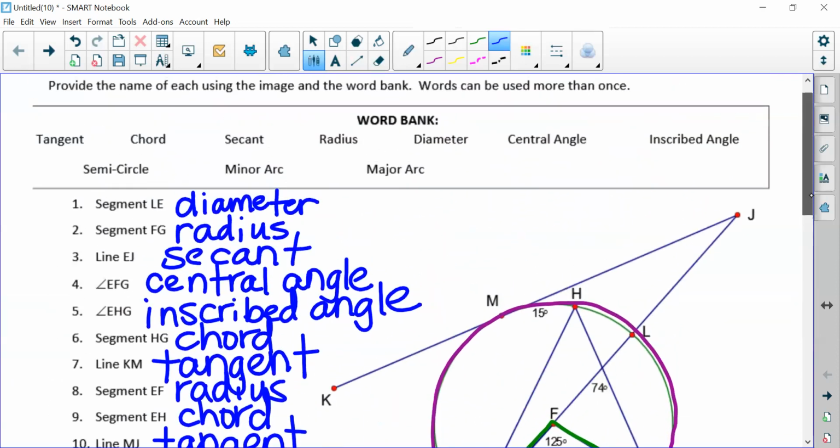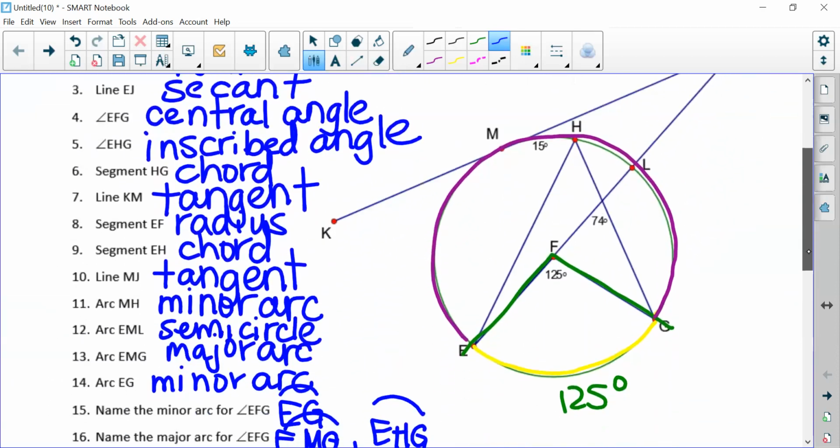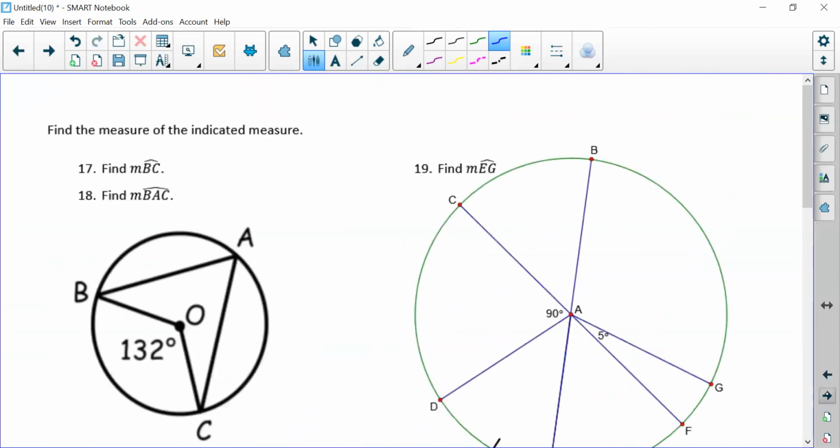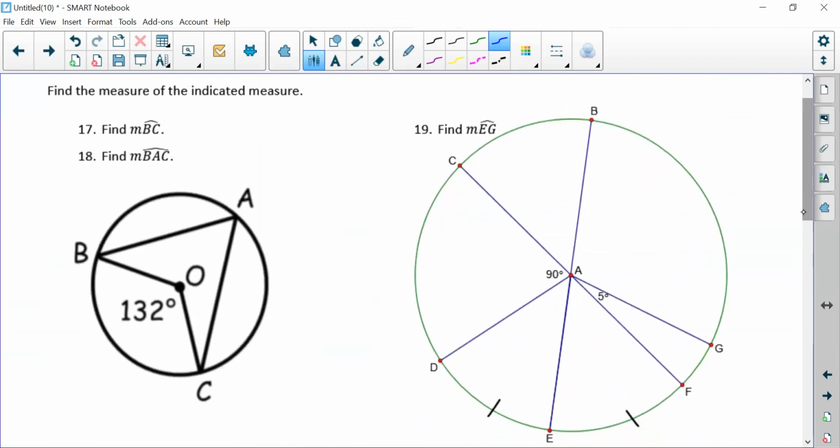Let's move over to the second page of your review. All right, so for all of the problems in the top part, we're asked to find the measure of the indicated arc or angle, okay? So for number 17, they asked us to find the measure of arc BC.